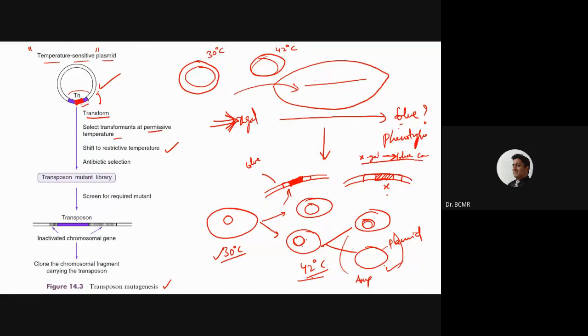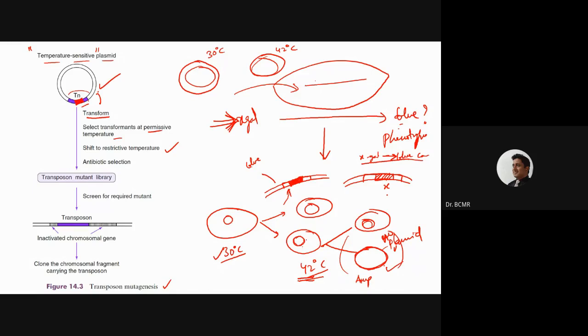This is because the resistance gene is on the transposon, which is on the plasmid. But after transformation, you put it at the restrictive temperature. So at 42 degrees, the plasmid will no longer replicate, and because of which you will have a large number of cells that are cured of the plasmid. There is no plasmid, right?